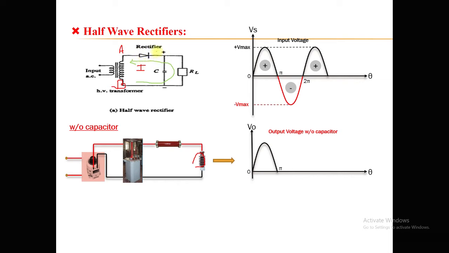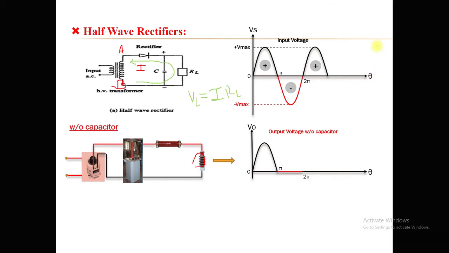As the diode is in reverse bias, it will act as an open switch, so the current in the circuit is 0. So the load voltage VL, which is calculated by I into RL, is also 0 because the current is 0 as the diode is acting as an open switch. So during reverse bias condition, I am not getting any output voltage.